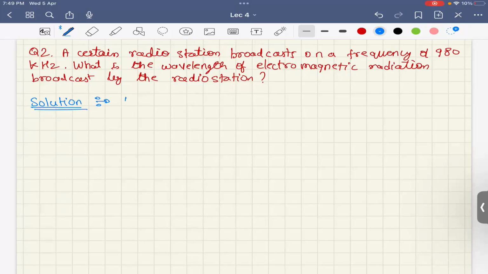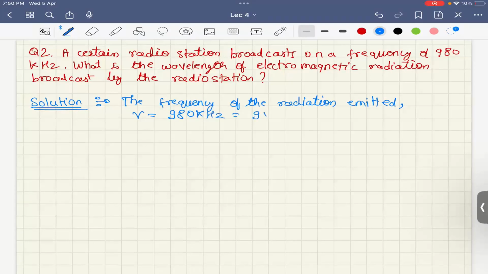So what we are given is the frequency of the radiation emitted, mu, which is nothing but 980 kilohertz, which is 980 × 10 raised to power 3 hertz, which is nothing but 980 × 10 raised to power 3 second inverse, right?